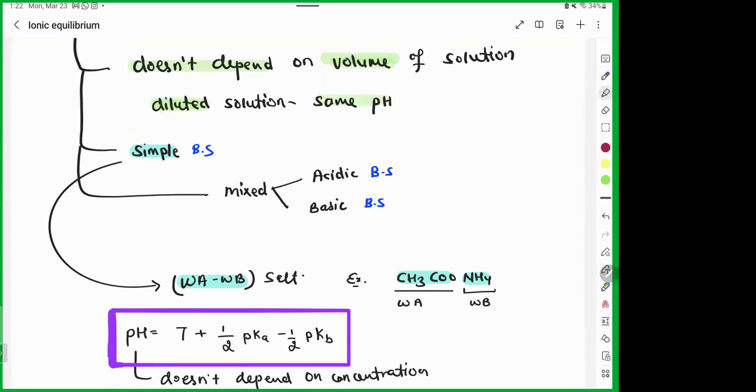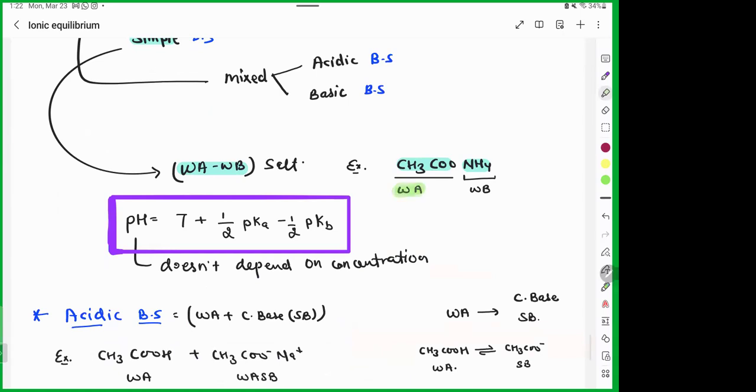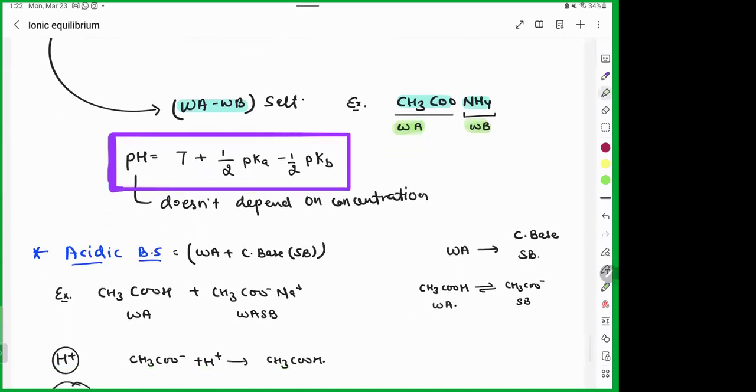Buffer solutions are of two types: simple buffer solution and mixed buffer solution. Simple buffer solution is where you have weak acid and weak base. In this case, it does not depend upon the concentration. This value we will discuss again.